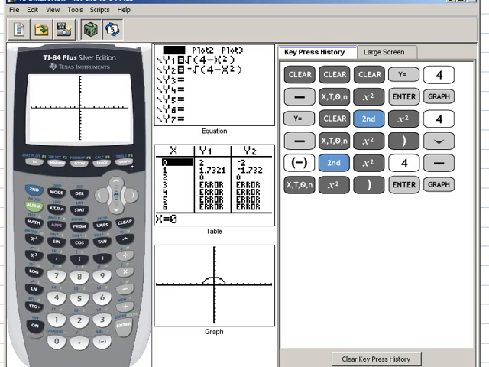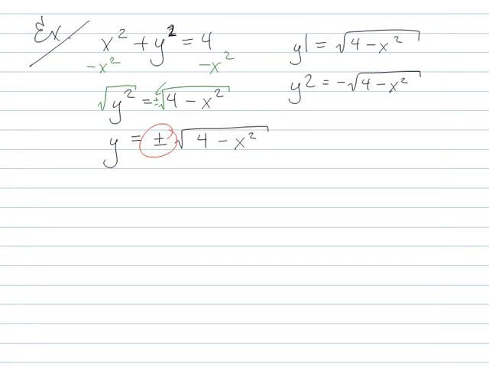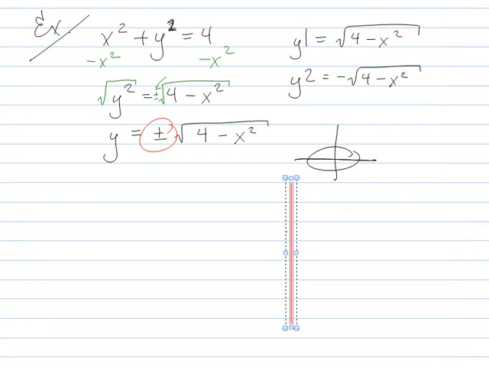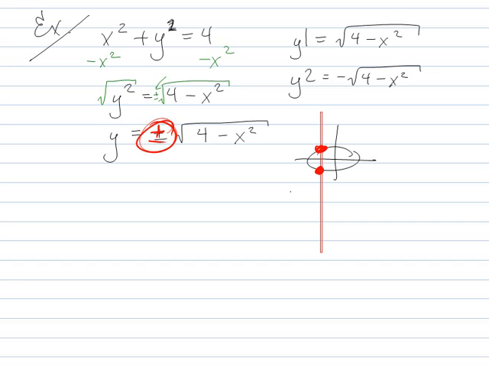And when I graph that, you'll see I've got the top half and the bottom half of a circle. So we've got a circle, and we've already proven to ourselves that a circle does not pass the vertical line test. But again, our first clue was this plus or minus. Once you've got a plus or minus, you can immediately say no, not a function.